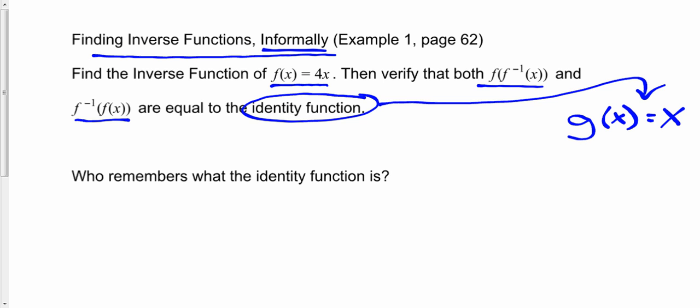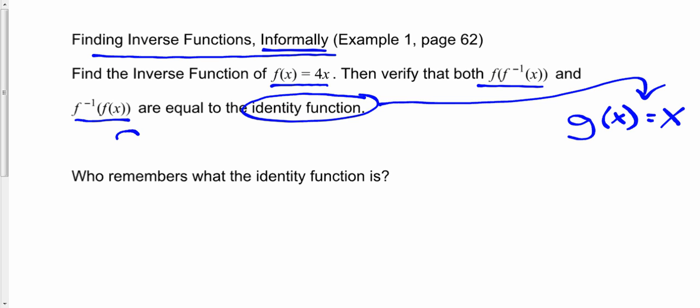Okay? So first, let's think about f of x. It's saying I want to start with x, and then I want to multiply it by 4. How do I undo multiplying x by 4? I take 4x and then divide it by 4, and I get back x.